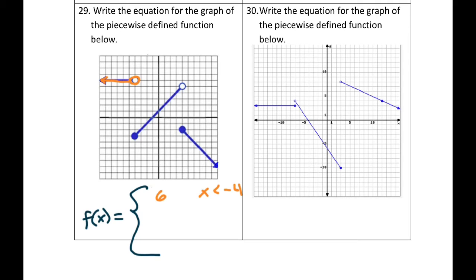My next piece, let's look at this middle piece here. So this is a line that has a y-intercept of 1. So most lines we're going to put in our y equals mx plus b form. So the y-intercept of b is at 1.